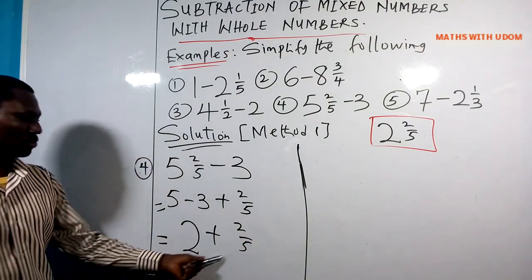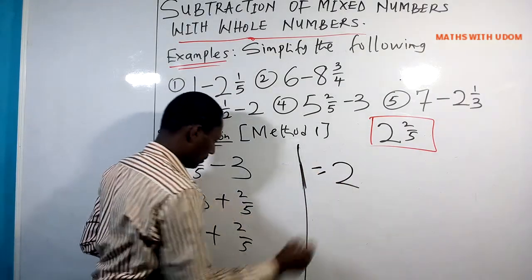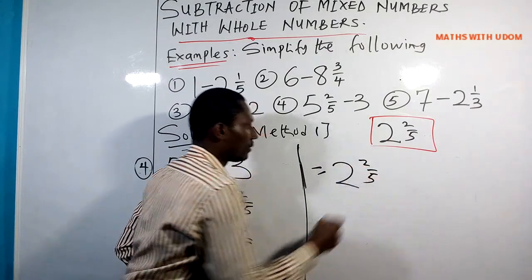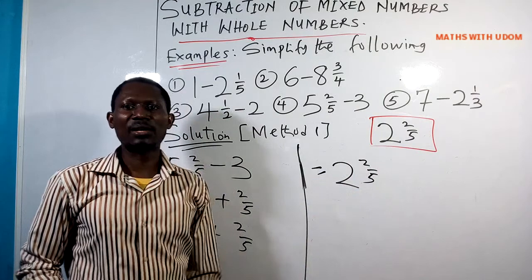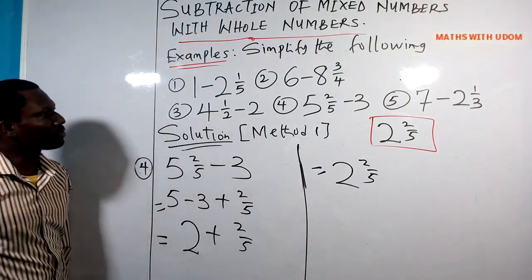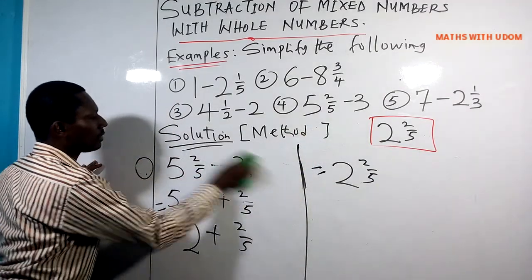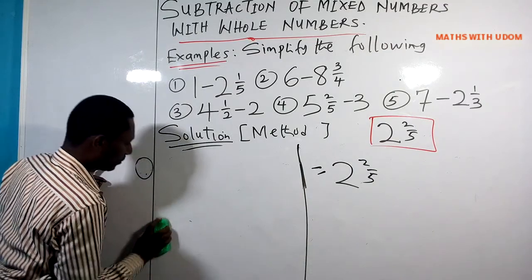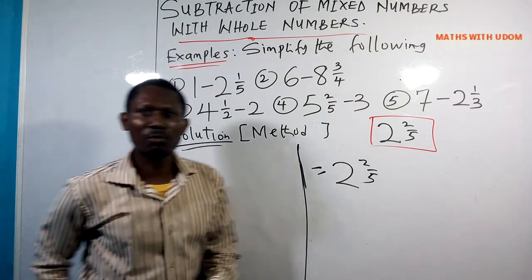If you merge these two together, you are going to get 2 whole number, 2 over 5. Okay, as you can see, we got the same answer with what we got earlier on. And that is perfectly correct. Then let's move to the last example, example 5, method 1.